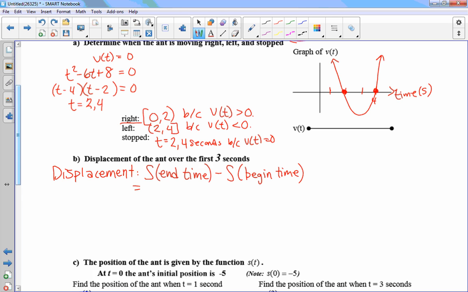Okay, if the end time is B, and the start time is A, you subtract them, what does that look like? Is this so familiar? S of B minus S of A. How do we get the S function if we have velocity?